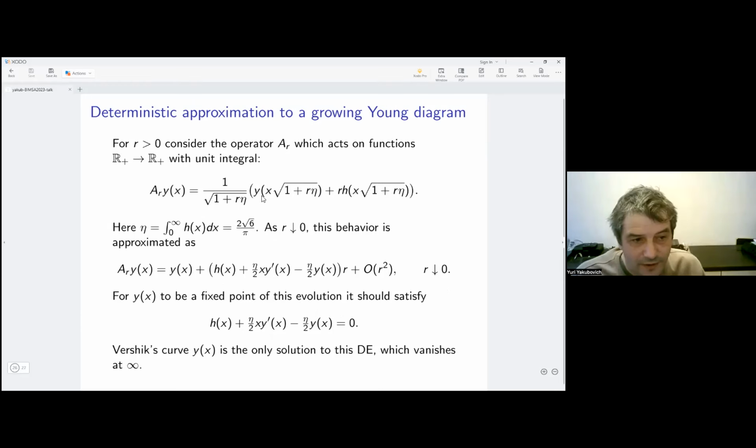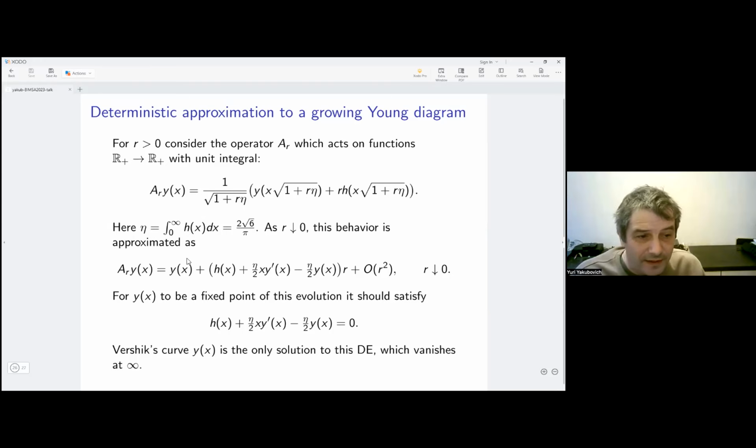So the diagram had unit area, we add rh, it will have area 1 plus r eta, and then we just rescale it to have unit area again.